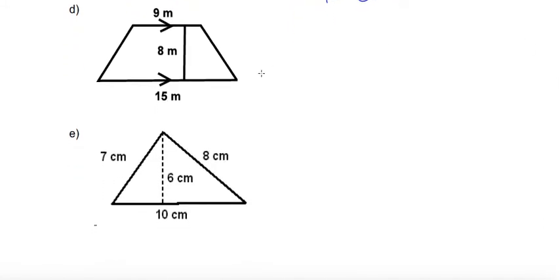The next shape I have is a trapezoid. All right, I'm going to get rid of all of that. Try that again. All right. So we have a trapezoid.